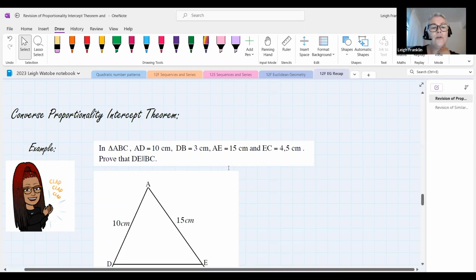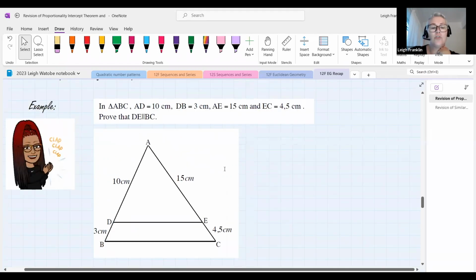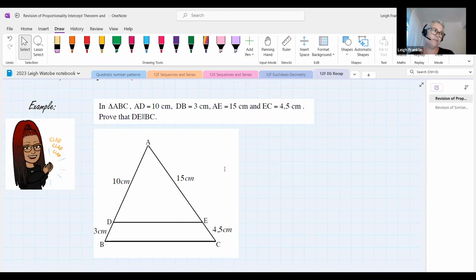So in other words, if we have a triangle and two sides are cut into the same proportions, then it means that the line has to be parallel. It's because there is that third line that is parallel to the third side in a triangle that cuts the remaining two sides in the same proportion.